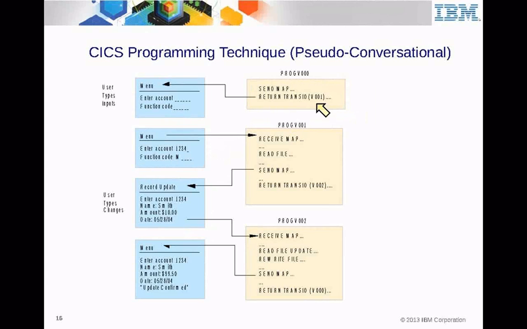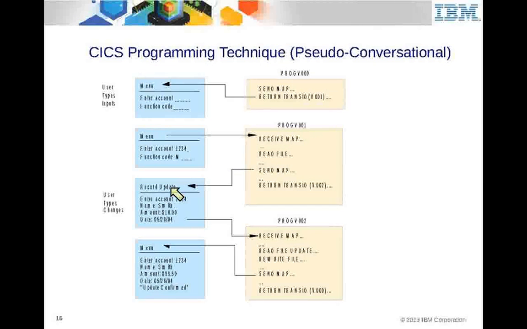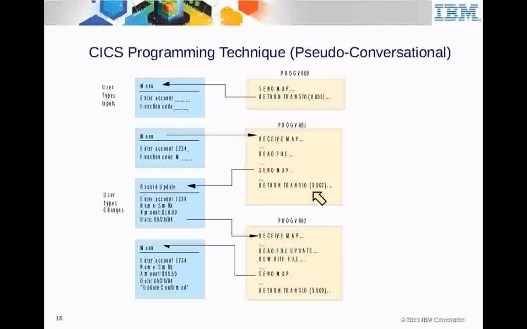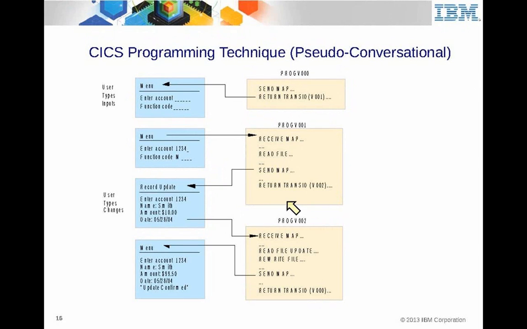Then it invokes transaction ID V001 that loads a new program. Program V001 receives the map, does some logic, sends a new map out, and then does a return trans ID, saying, when they're done, invoke V002.